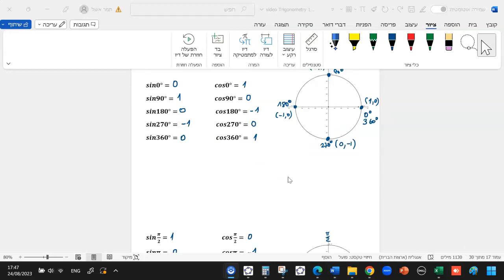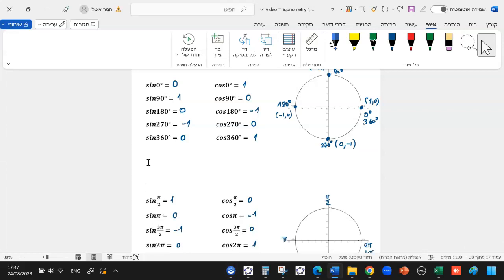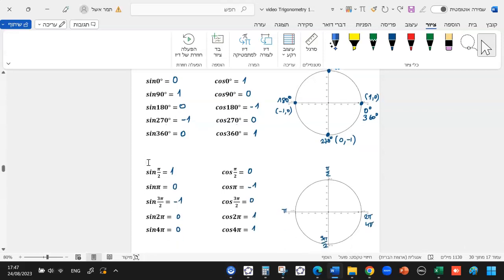Let's look at the sine and cosine of these values only in radians. These are the same values, and it is very useful to know these sine and cosine values by heart. Look at them for a while and see that you understand.